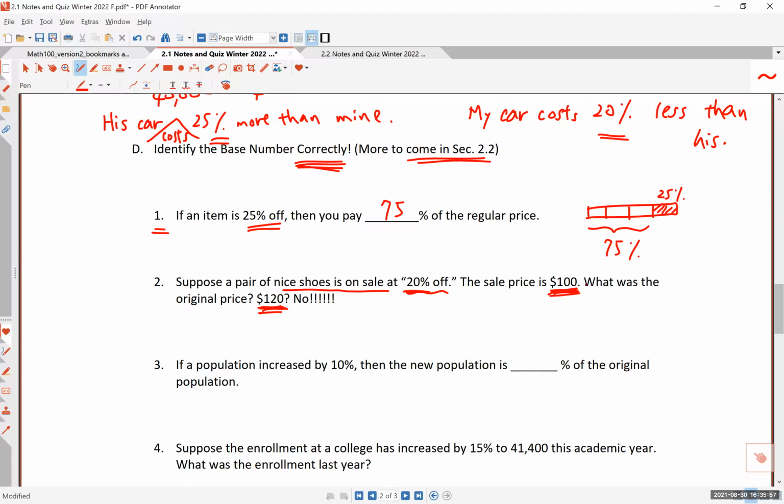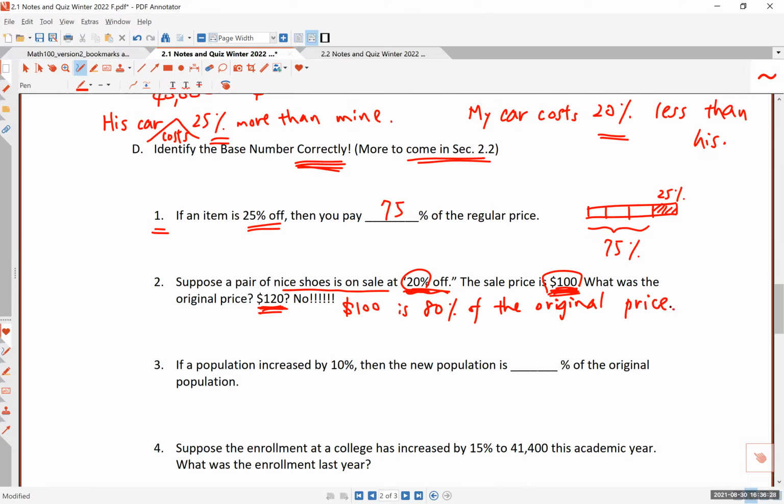The problem is that when they say 20% off, this 20% is not 20% of $100. It's 20% of the original price, right? And so the way you think about this is $100, how much you would have to pay to buy this on sale, is 80% of the original price, because it's 20% off of the regular price.